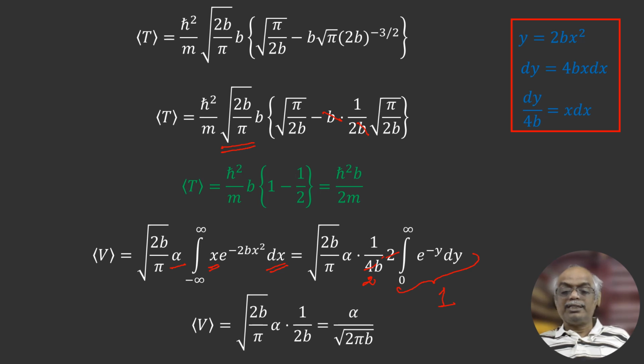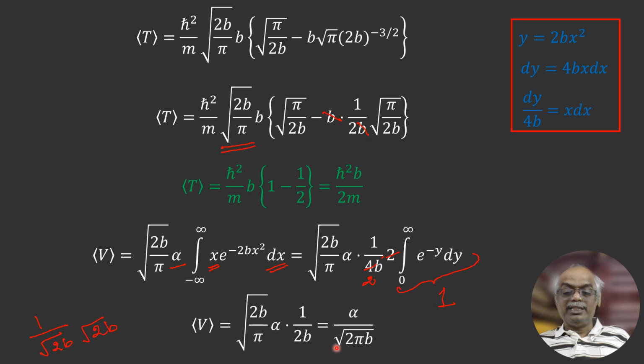So this is 2p. 2p can be written as square root of 2p into square root of 2p. So one square root of 2p will get cancelled with this square root of 2p in the denominator. Then you will get in the denominator only square root of 2p.